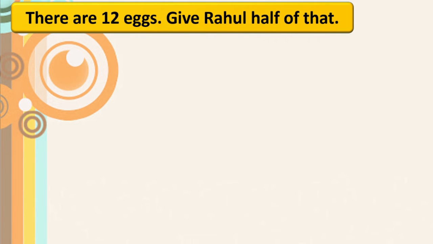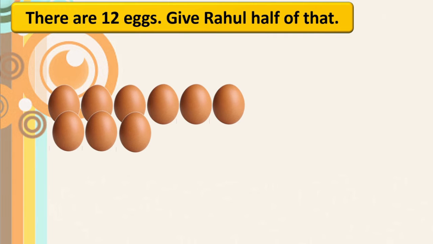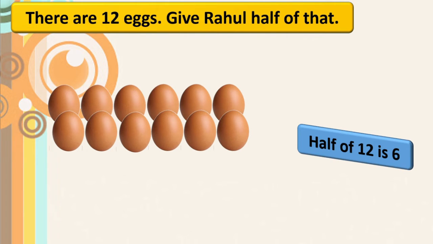There are 12 eggs. Give Rahul half of that. Yes, here we can see the 12 eggs. 3, then 6, 9 and 12. Correct? Now we have to give half of these 12 to Rahul. Okay, here we know that half of 12 is 6.